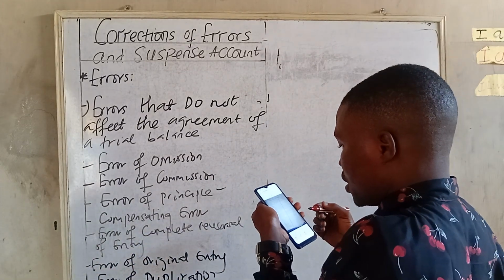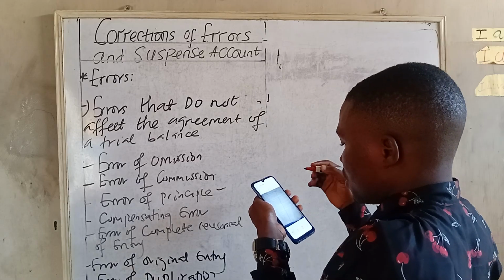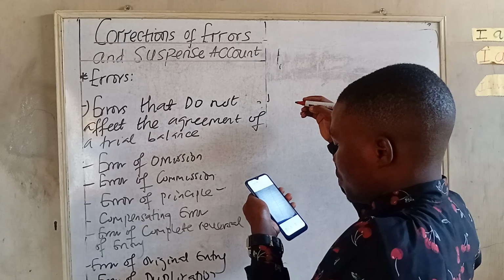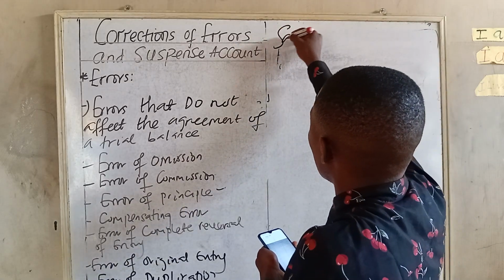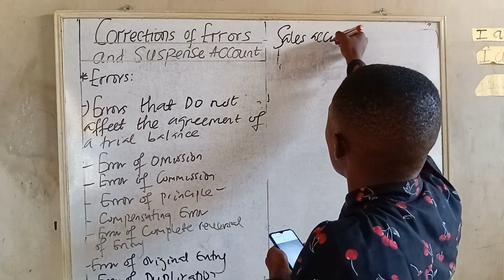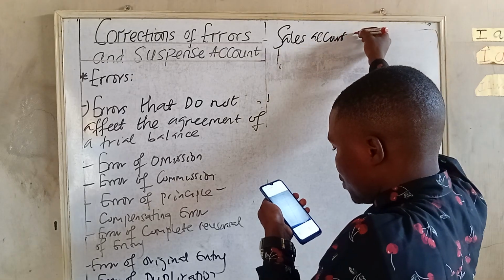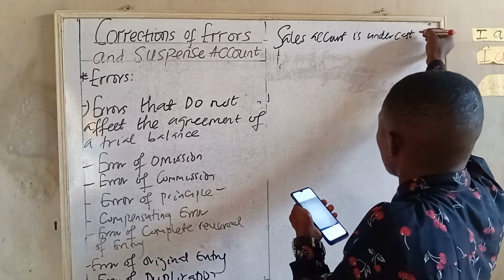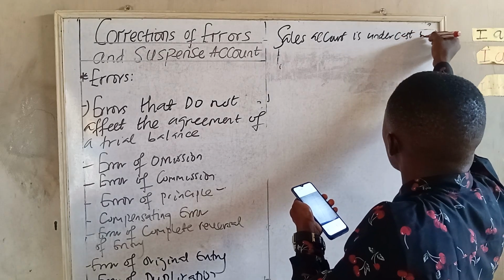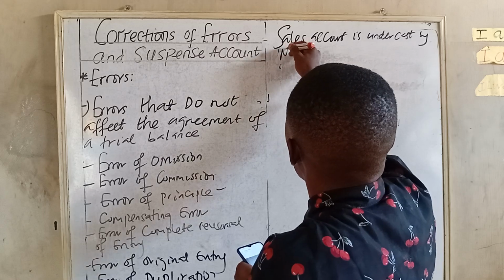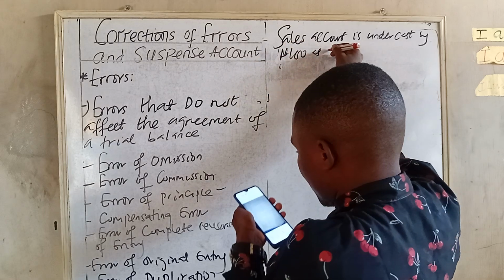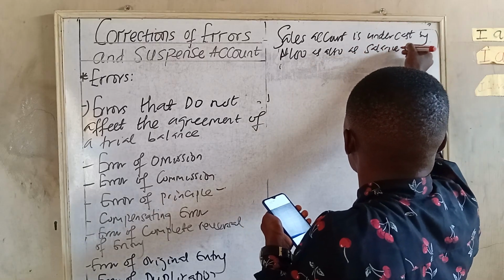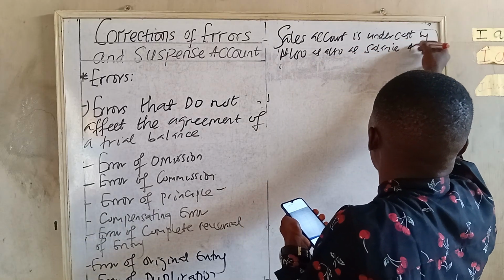Error of compensation. It says that sales account is undercast by 100 naira, as also salary account.